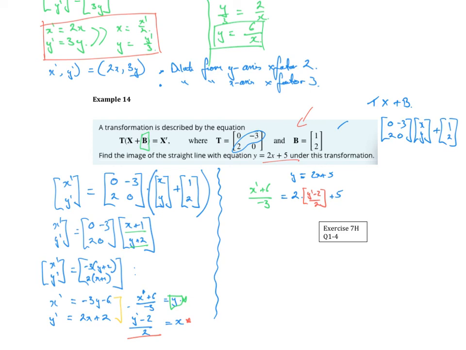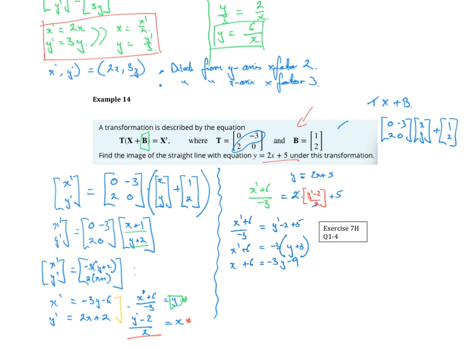This now gives me the new equation. Well, what's the easiest way? Let's maybe just keep that as x dash plus 6 over negative 3 equals, multiply this bracket out so they cancel. I get y dashed minus 2 plus 5. So x dash plus 6, I'm going to bring negative 3 across. Y, negative 2 plus 5 is positive 3. So I get x plus 6 equals negative 3y minus 9.